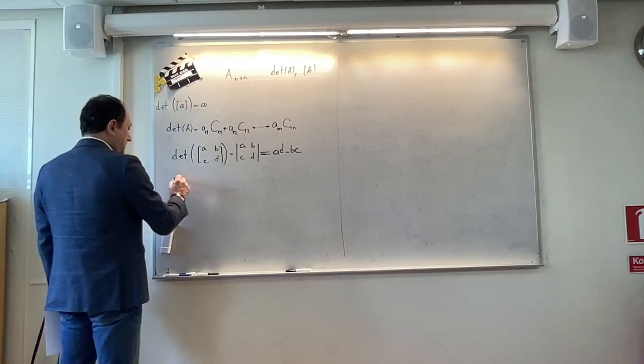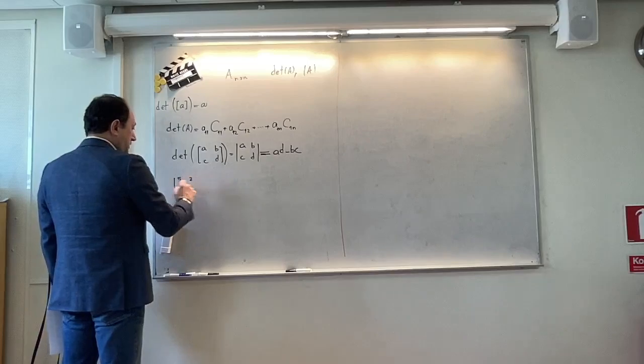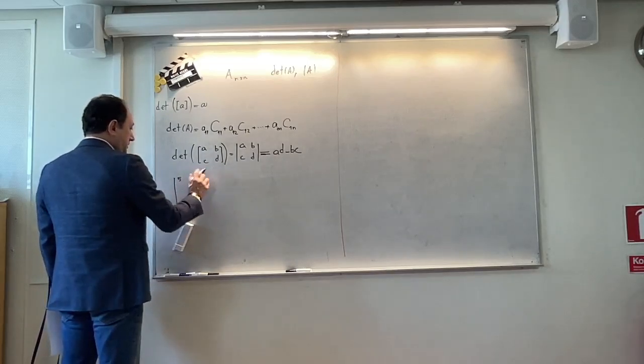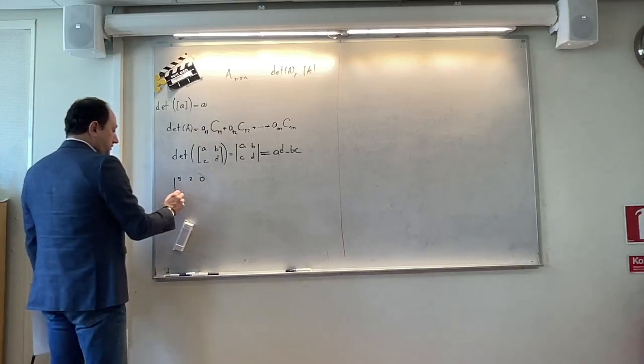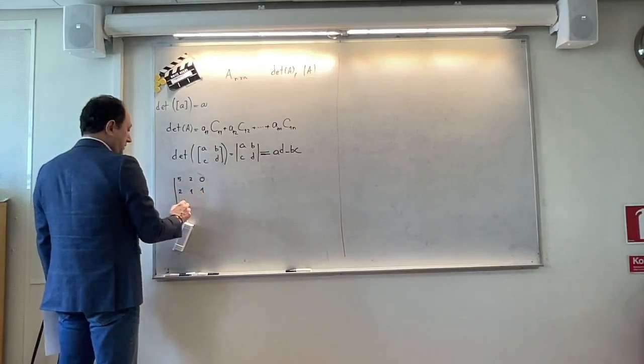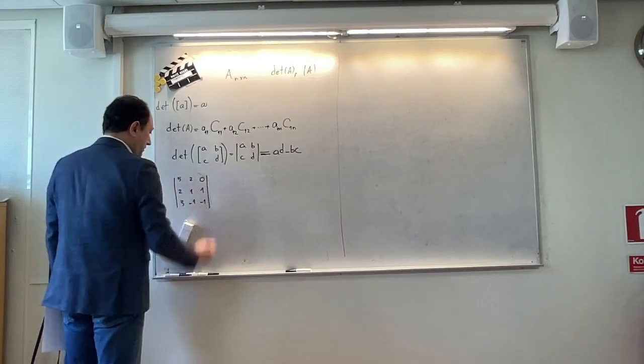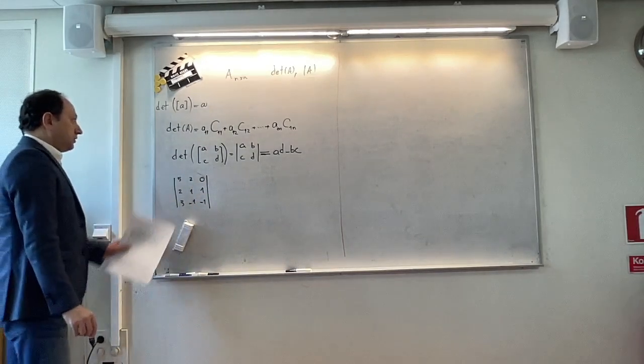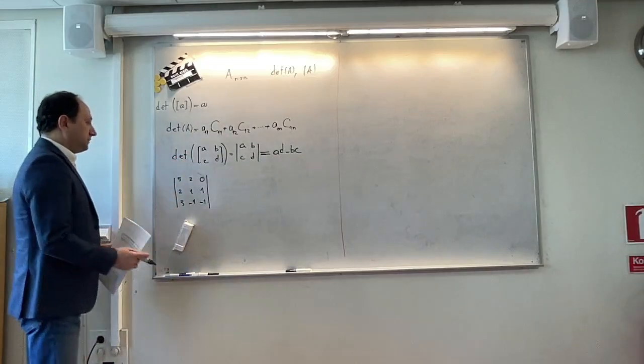I would say 5, 2, and 1. Let me make this one 0 to make it a little bit simpler. And then you have 2, 1, 1, 3, minus 1, minus 1. For example, you want to calculate this 3 by 3 determinant. We use the original formula.